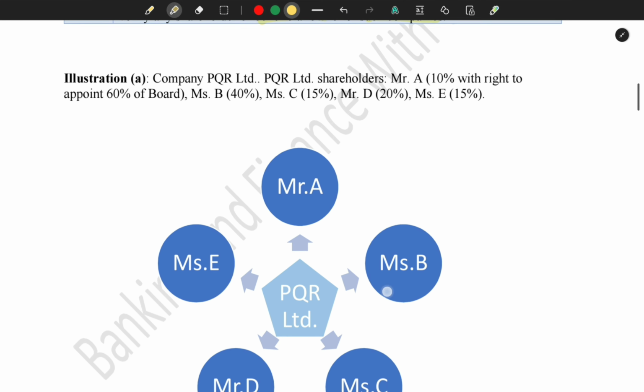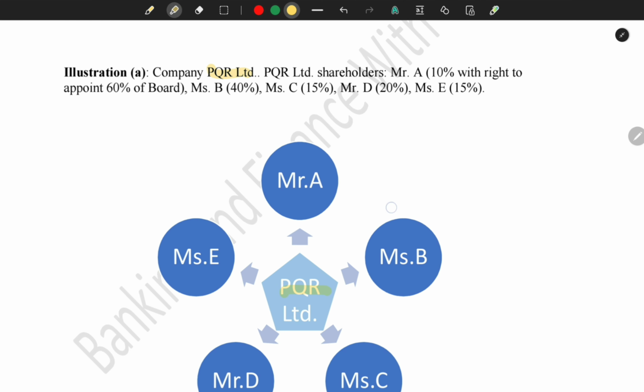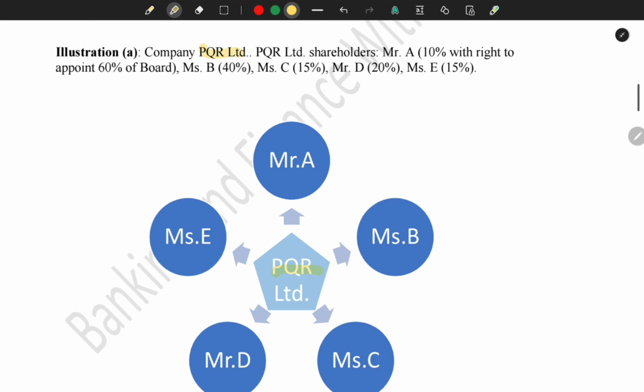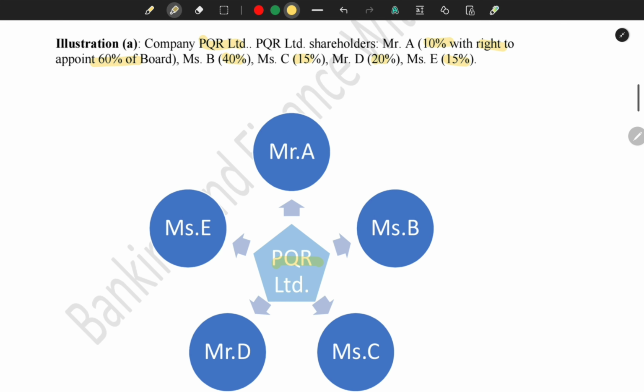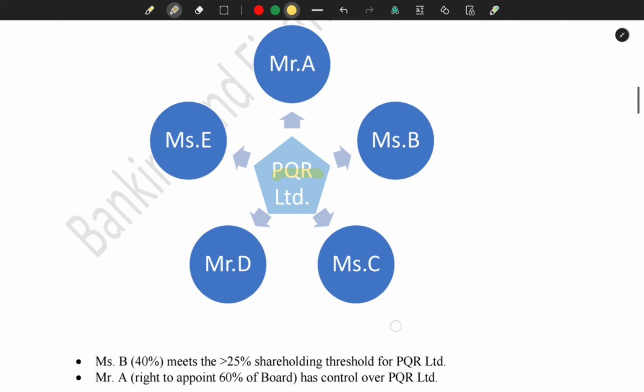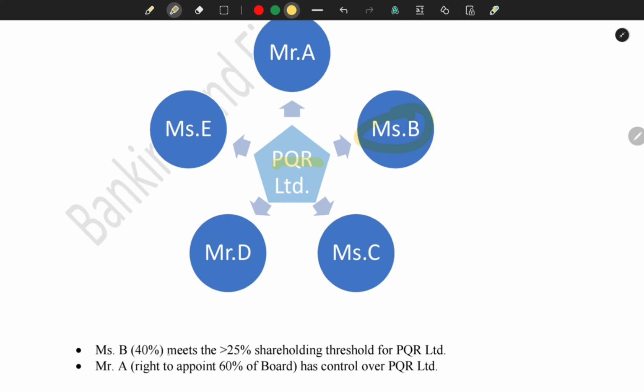Let's suppose there's a company PQR and the shareholders are A, B, C, D, E. A has 10% share with the right to appoint 60% of the board. B has 40% of the share, C 15, D 20 and E 15%. So who are going to be the beneficial owners? B has 40% ownership, which meets the 25% shareholding threshold for PQR.